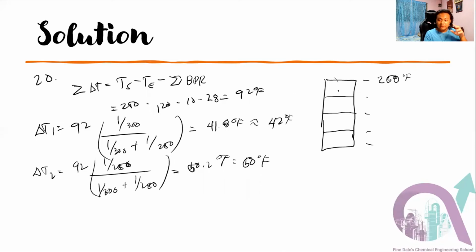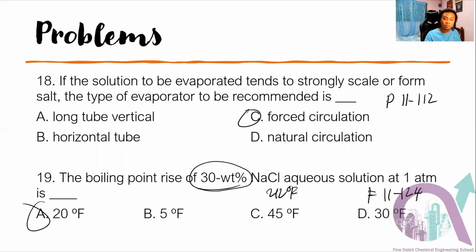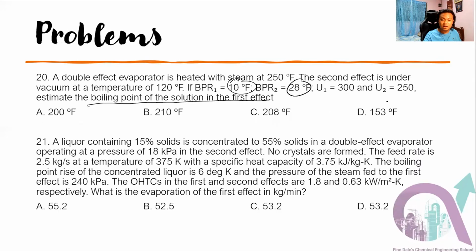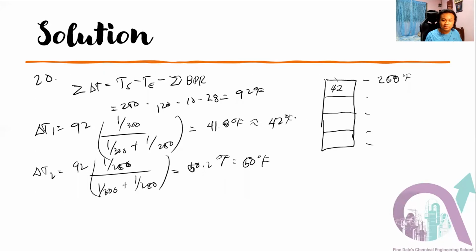At the start of the 250, you have your 42, T1. So 250 minus 42 is 208. Now get the next, which is 10, the boiling point rise of the first.